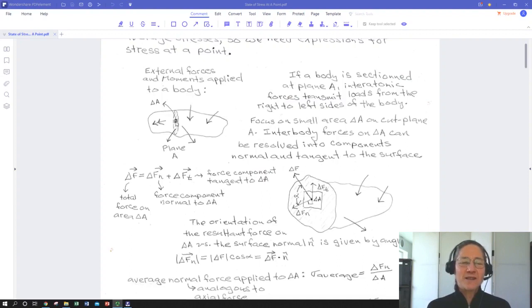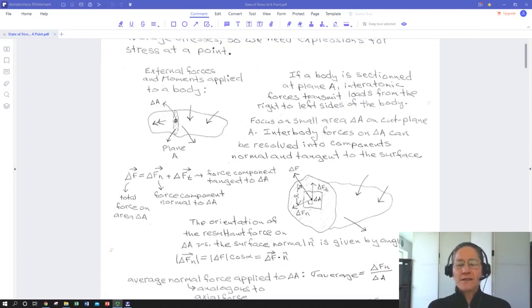But for now it's some finite small area that is much smaller than the whole plane. So if we just look at that tiny area, we can imagine that some resultant force delta F is acting on that area delta A, and it's at some angle.